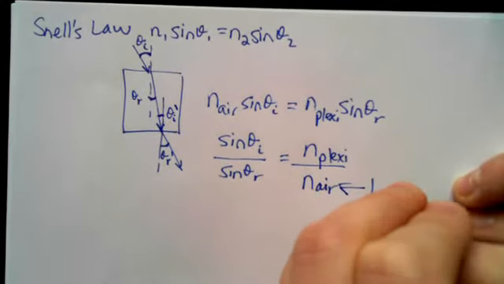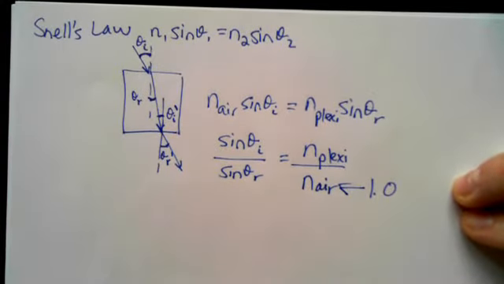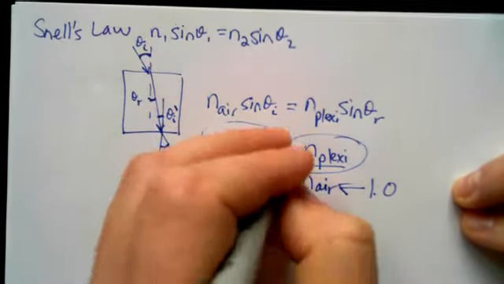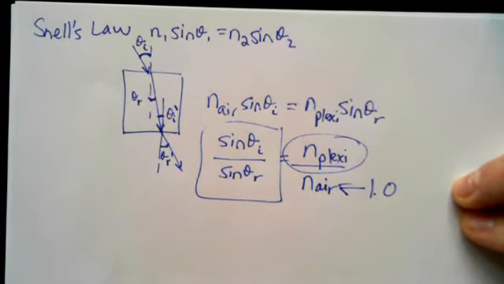Well, if we know that the air index is equal to 1, then we can see that your index of refraction is basically equal to this ratio, sine of your incidence angle over sine of your refracted angle. And that's how you were able to determine what the index of refraction was in the plexiglass.